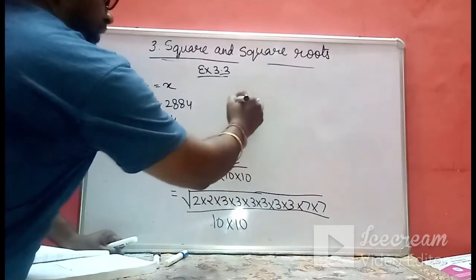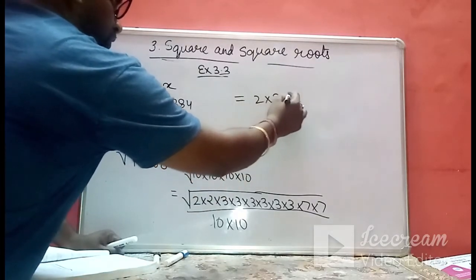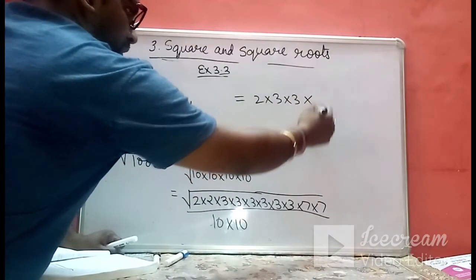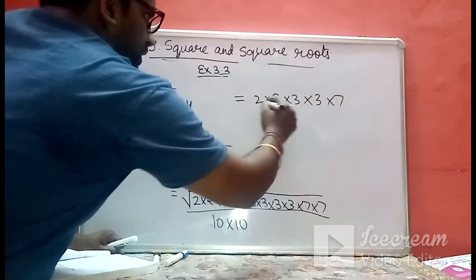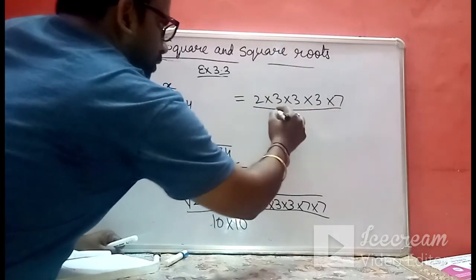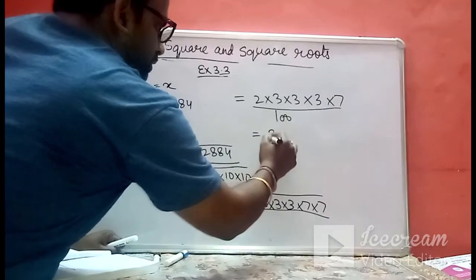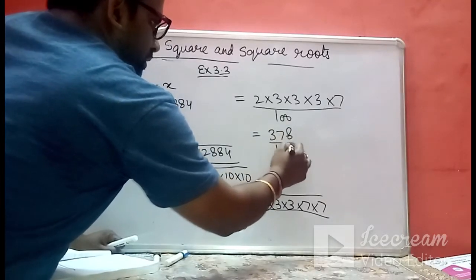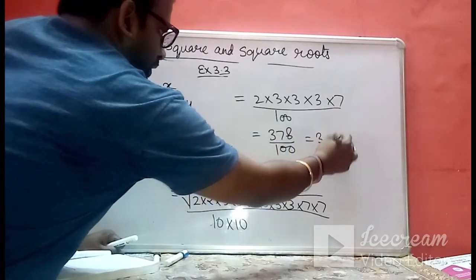So finally our answer will be 2 into 3 into 3 and one more 3 into 7 upon 100. So it is 378 upon 100, or we can say that 3.78.